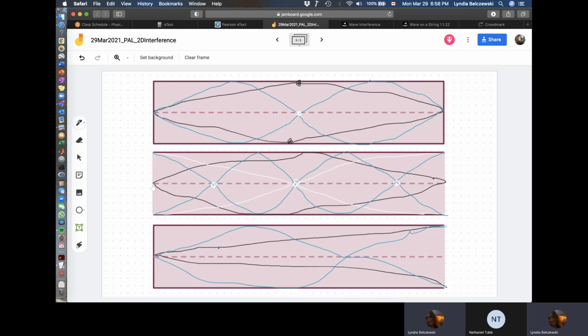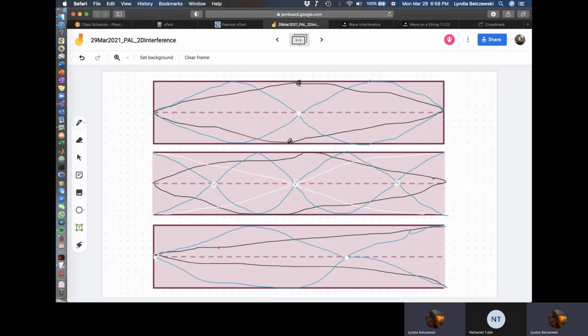Very nice. And lastly, one more thing to point out is that for the second tube, there is 1.5 wavelengths that fills it at this harmonic. And for the third tube that is fixed at one end, we still have our original node here where it's fixed.